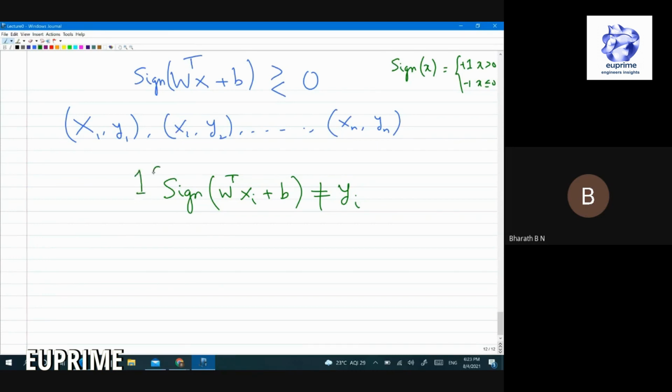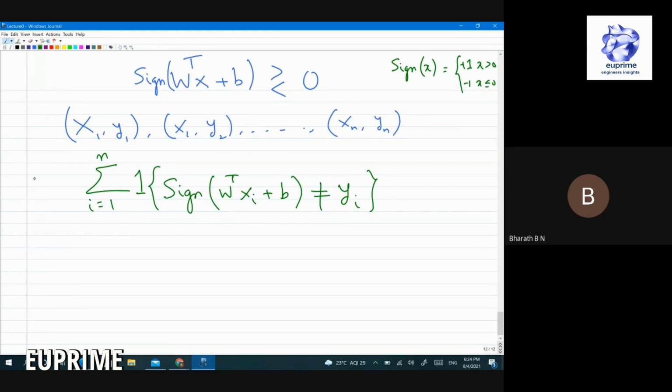How many of you know what an indicator function is? Indicator of a is 1 whenever a happens, otherwise 0. Whenever the sign is not equal to yi, it will be 1, otherwise it will be 0. So I'll count this. This will give me the total number of mistakes that my plane would have made.